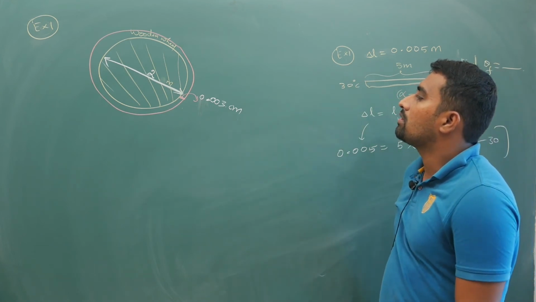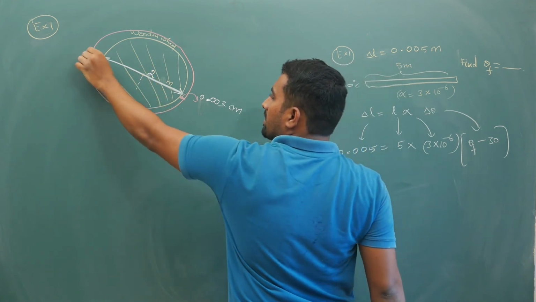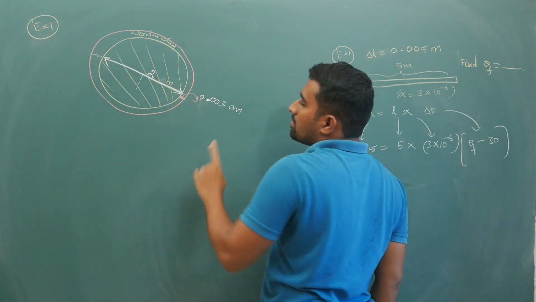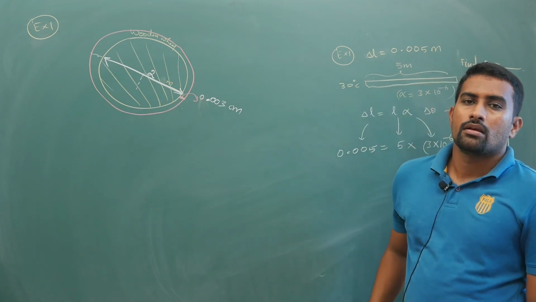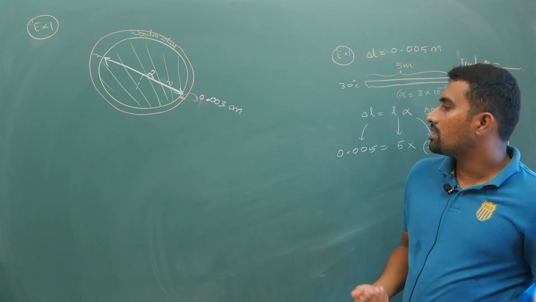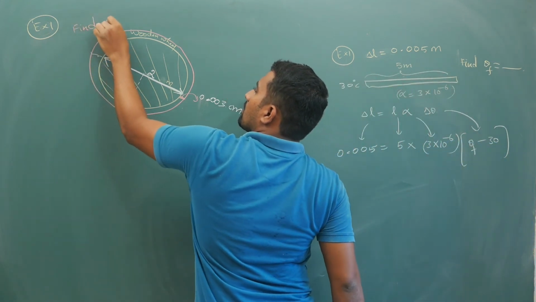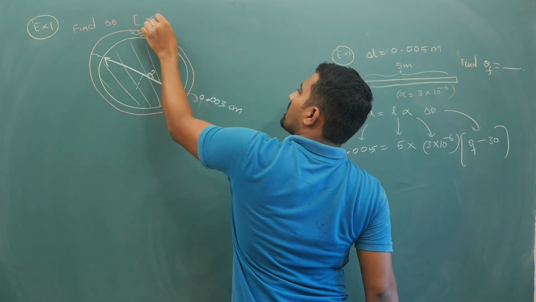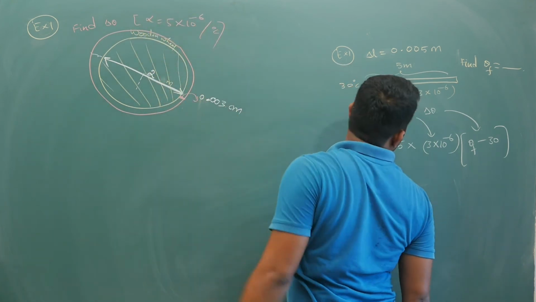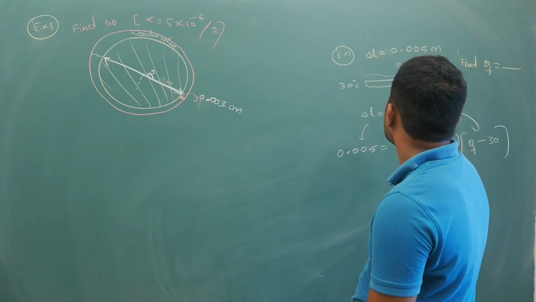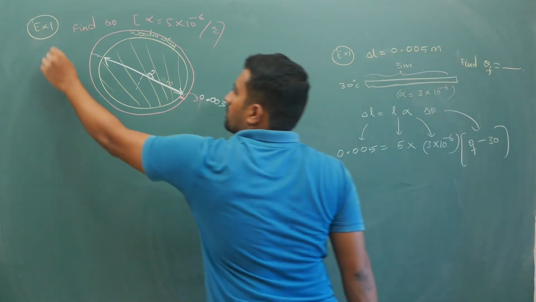No, only radial difference. Diametrically it is another 0.003, which means it is 0.006. What is the temperature difference that you are supposed to bring here? And here you take alpha is equal to 5 into 10 power minus 6 per degree centigrade. So this is your example 2.